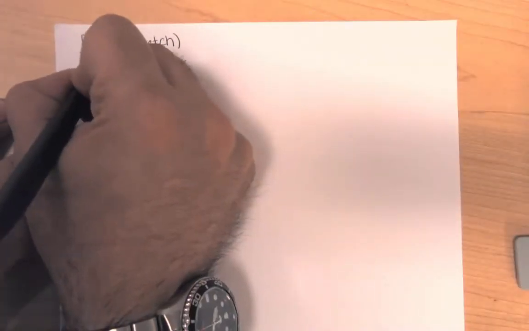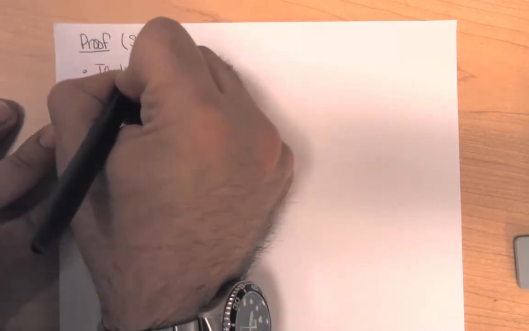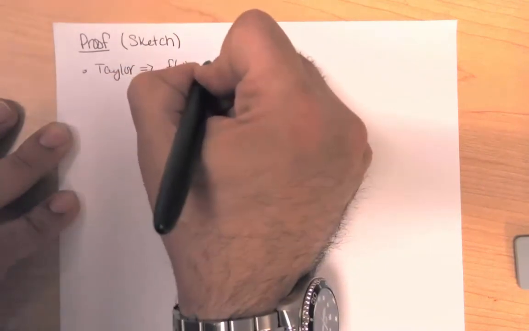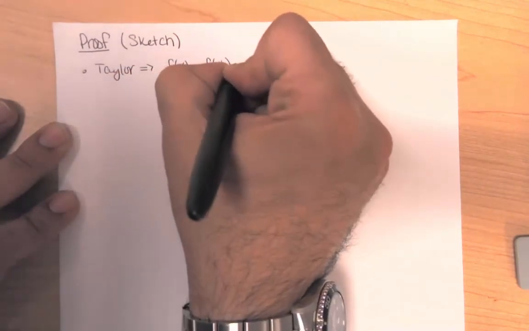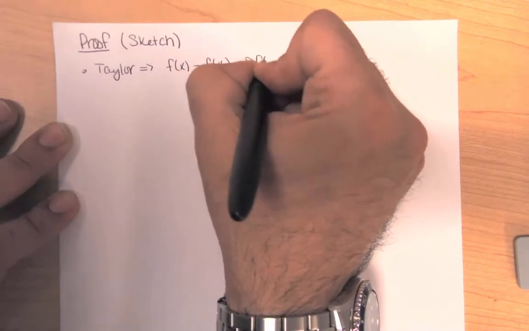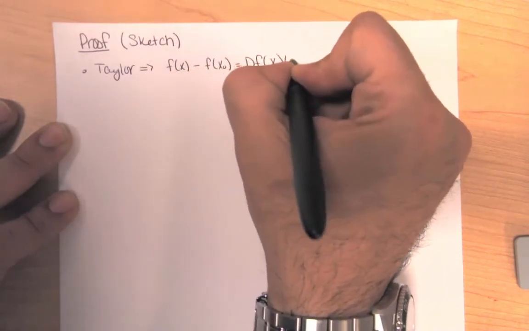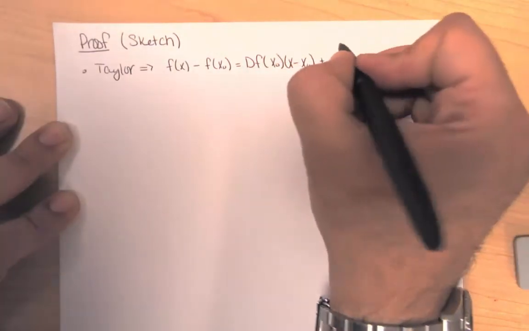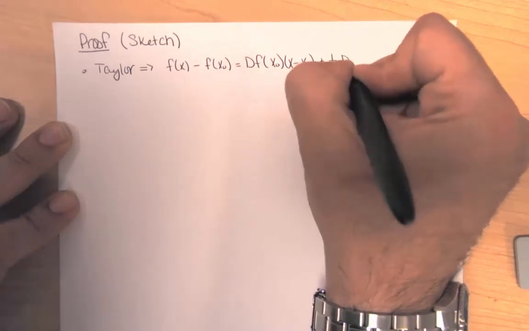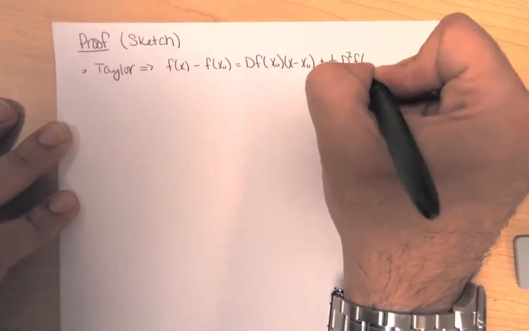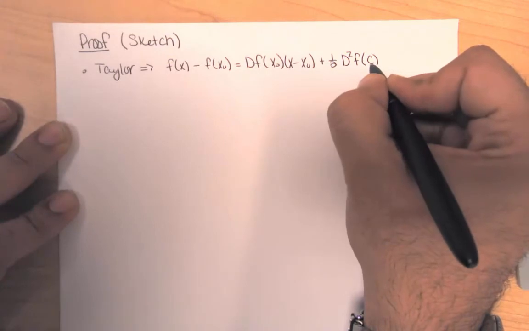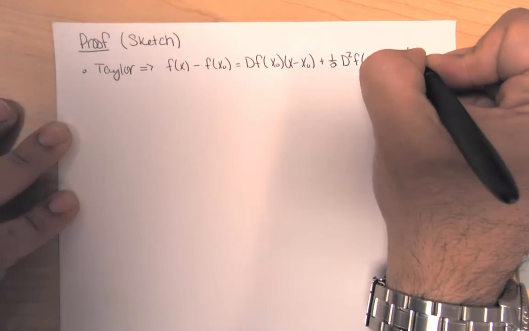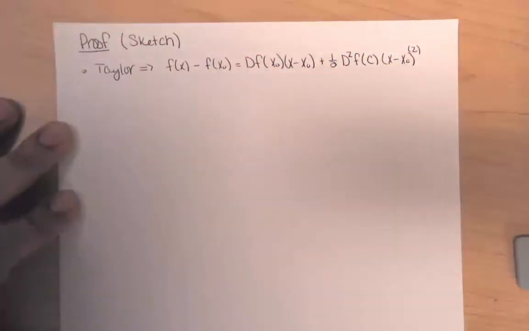From Taylor, we get that f of x minus f of x naught is equal to the derivative of f at x naught times x minus x naught plus 1/2 times the second derivative of f at some value c times the 2-tuple x minus x naught.